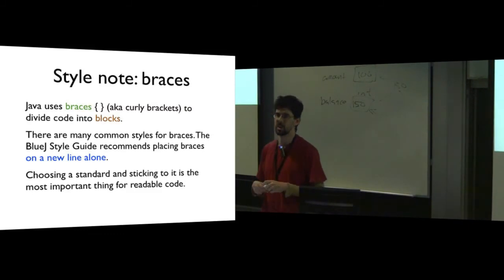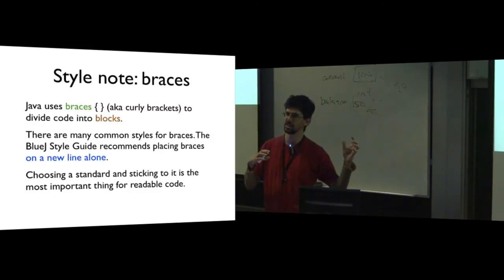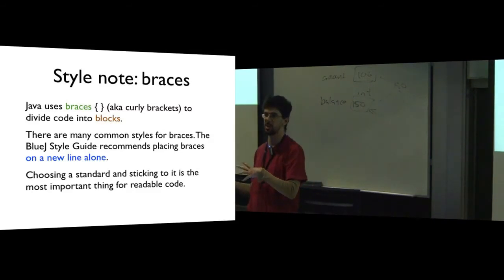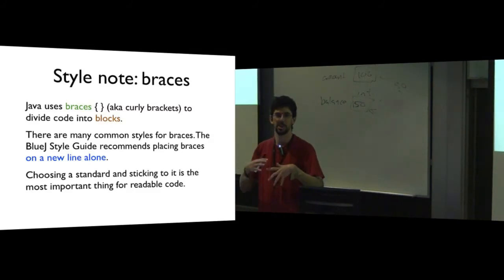One of the important things in reading code is understanding what block you're in. Is this piece of code inside this method, or is it inside the class, or is it somewhere deeper inside a block? So the best we can do is lay out the code to make that obvious. And if you start messing with that, then you make your code harder to read.